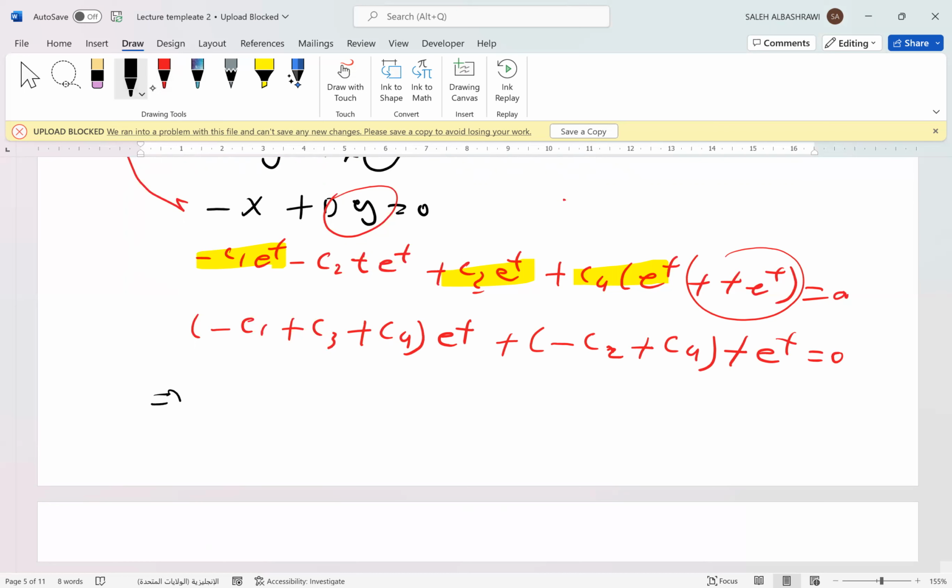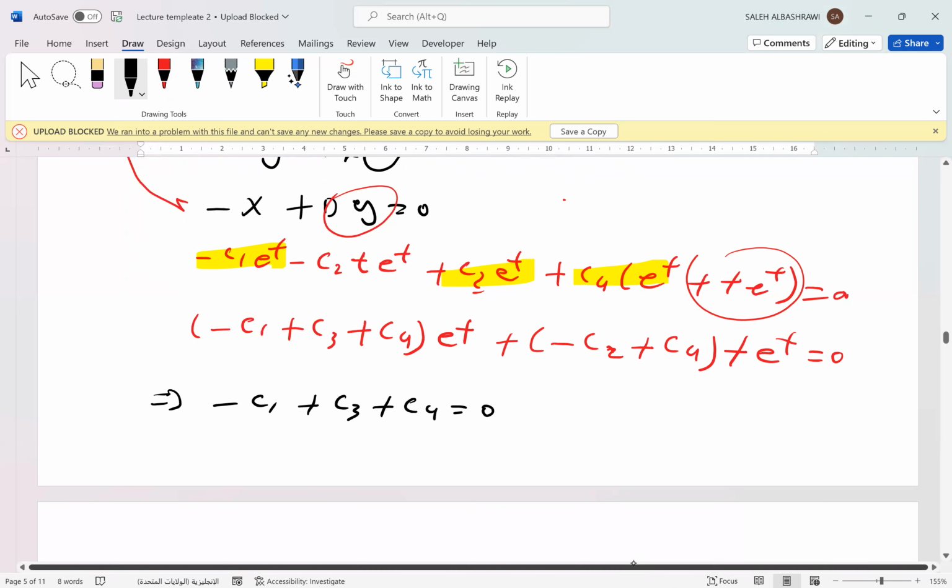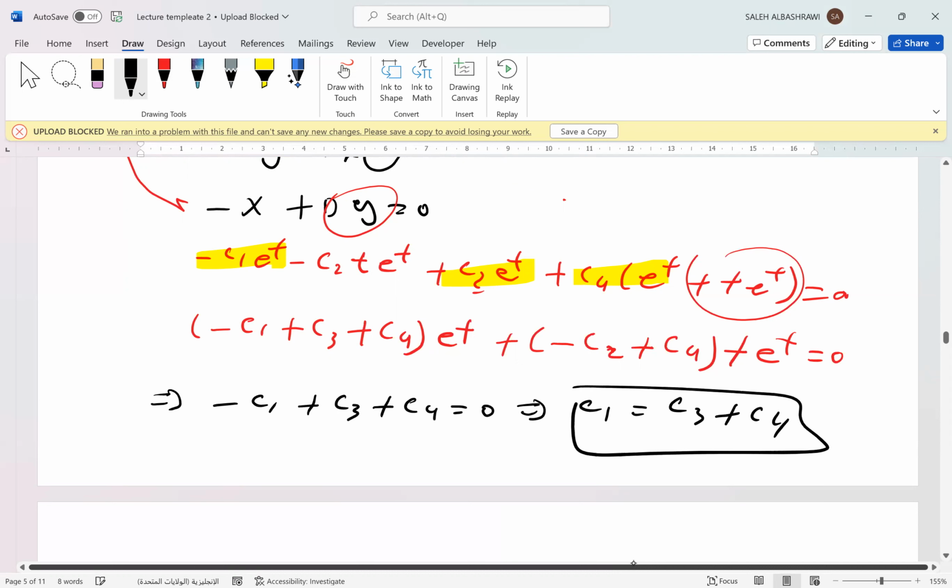This will give me −c1 + c3 + c4 equal to 0. So just compare the coefficients on the left and on the right. This is equal to 0, which gives c1 equal to c3 plus c4. So c1 must be equal to c3 plus c4.